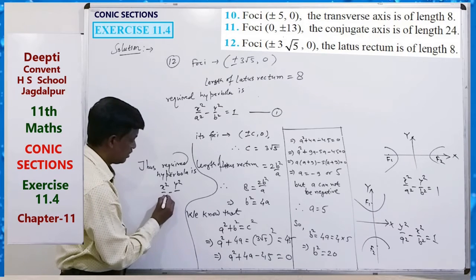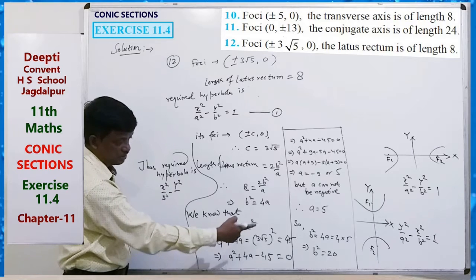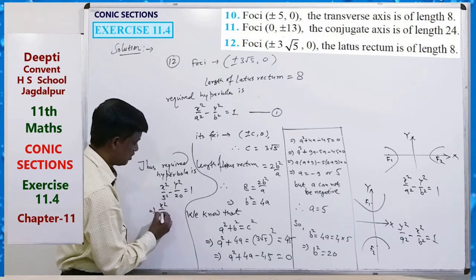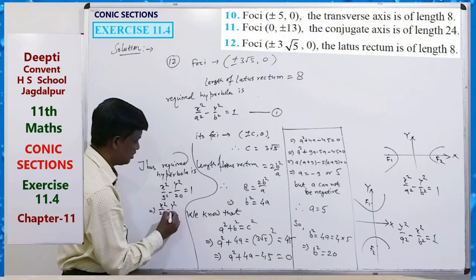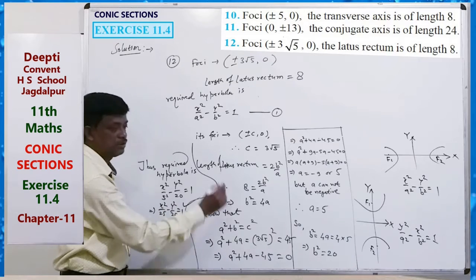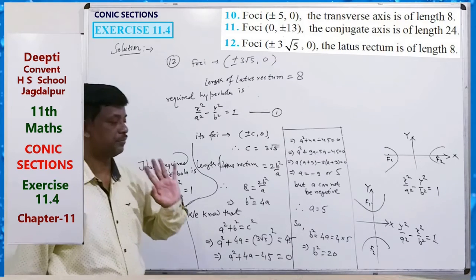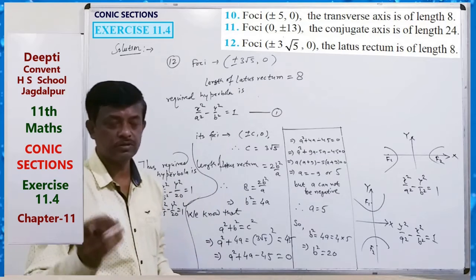Okay, 5 square minus b square means 20 equals to 1. So this implies x square by 25 minus y square by 20 equals to 1. So this is our answer: x square by 25 minus y square by 20 equals to 1.